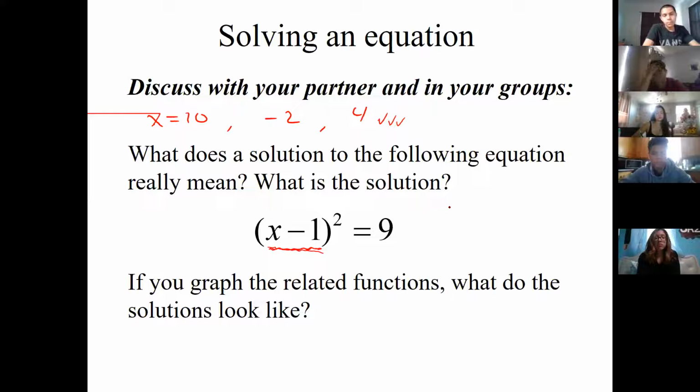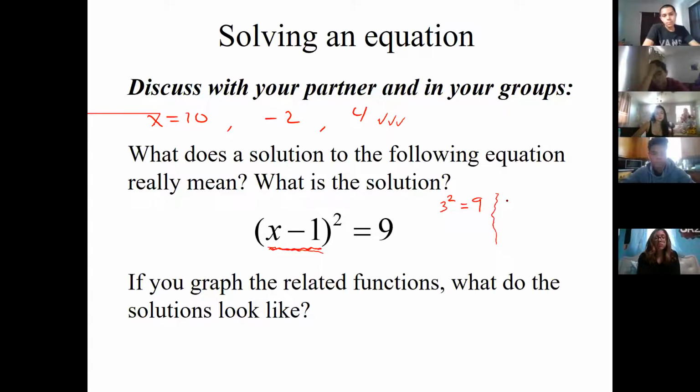We should know our powers, right? Some number squared is 9, well, that number is 3. 3 squared is 9. So whatever is in here, if I square it, it equals 9. Is there another number that when I square it, equals 9?